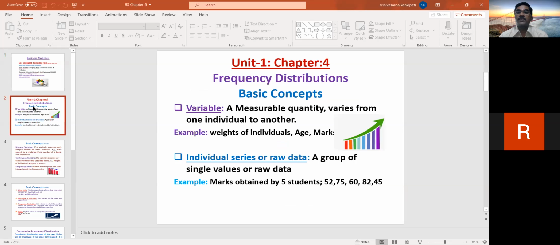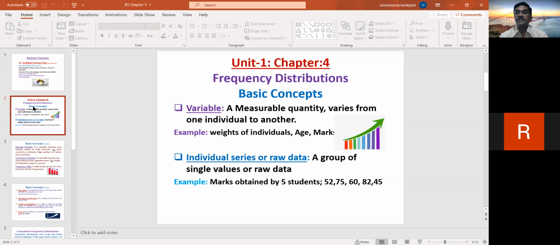When you talk about basic concepts, you have to understand them clearly. Then only can you do the problems better.